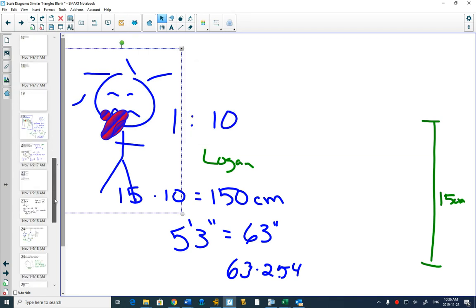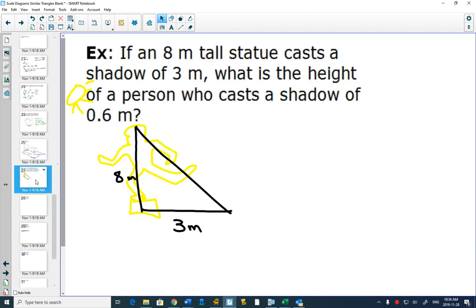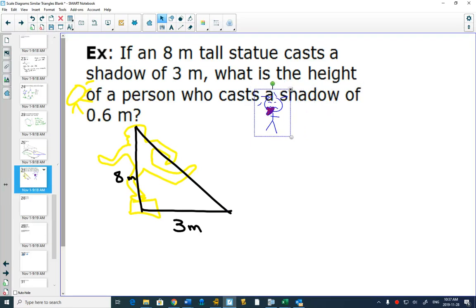At the same time, there is a person who will not be named. There's the person, 1.5 meters. Is that Logan? Maybe.